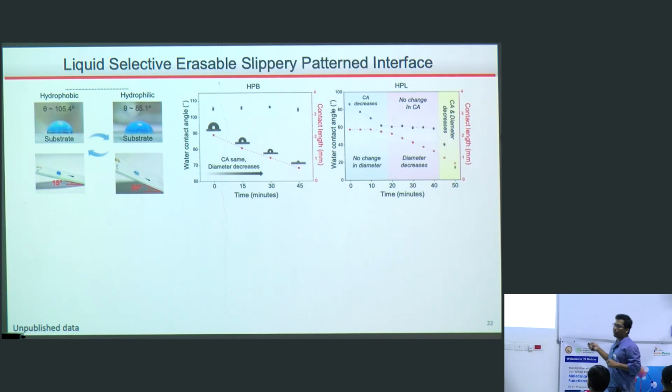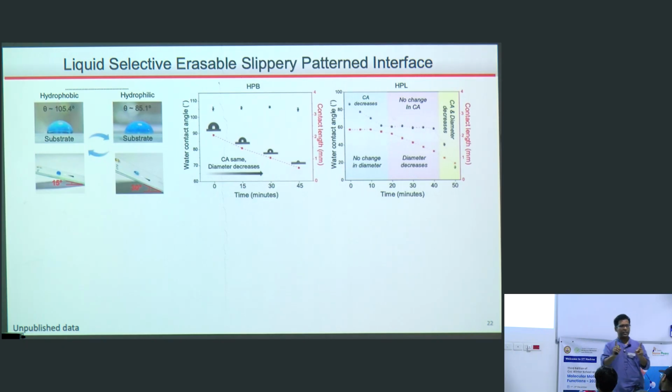Now, if you have a hydrophilic surface, these characteristics are very different. The water evaporation and the droplet confinement are very different. Initially you see a change in the contact angle, then no change in the contact angle, and in the last phase you again see some change in the contact angle, and there is some delay, and then the contact diameter is changing.